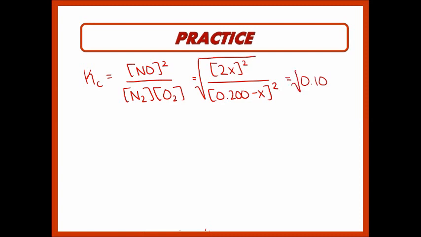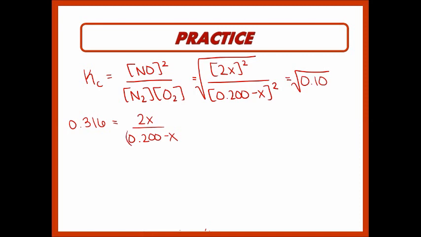So like I stated, taking the square root of both sides, that's going to give us the square root of 0.10, which is equal to 0.316, is going to be equivalent to just 2x over 0.200 minus x.